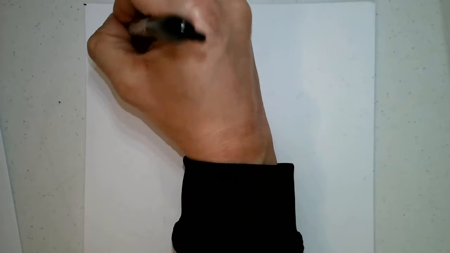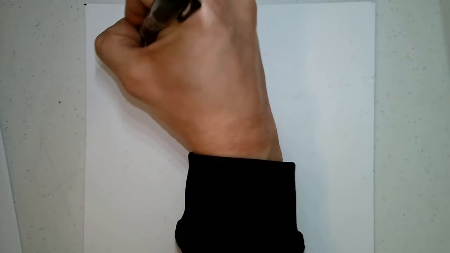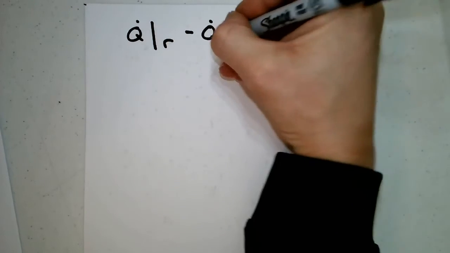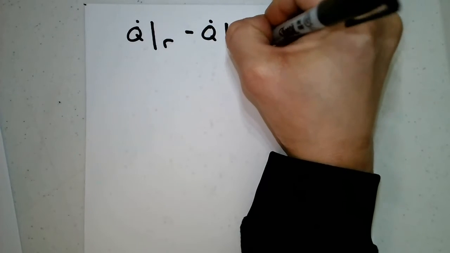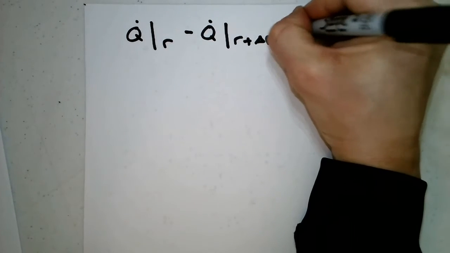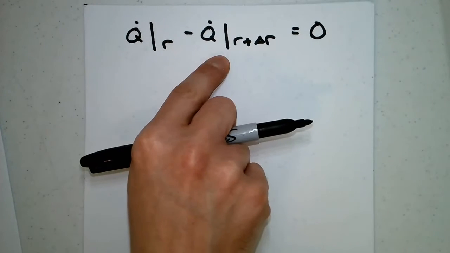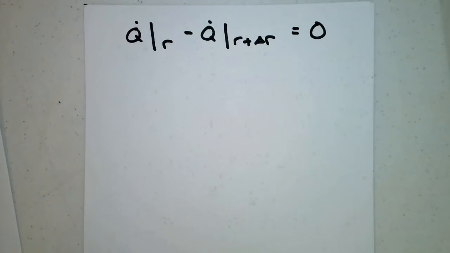All right, so let's see. I am going to take this equation. We have Q evaluated at R minus Q evaluated at R plus delta R equals 0. With the lack of generation and accumulation, we've seen for 1D diffusive fluxes an equation set up just like this.